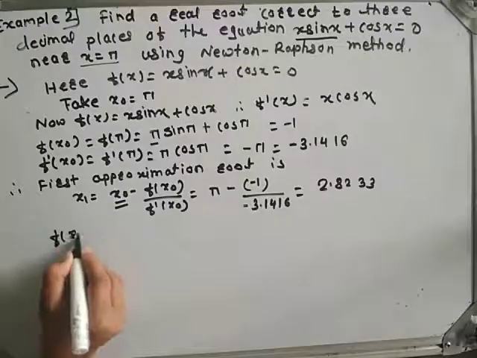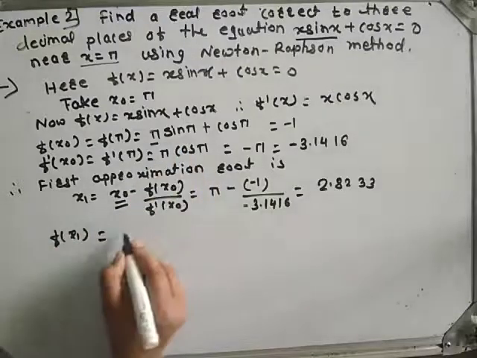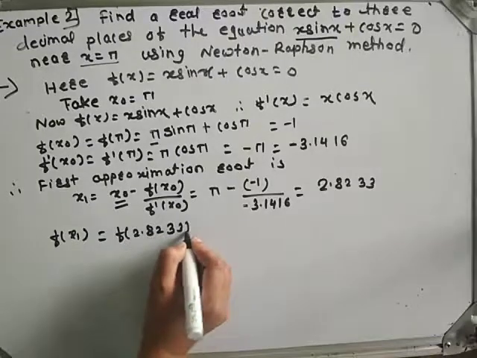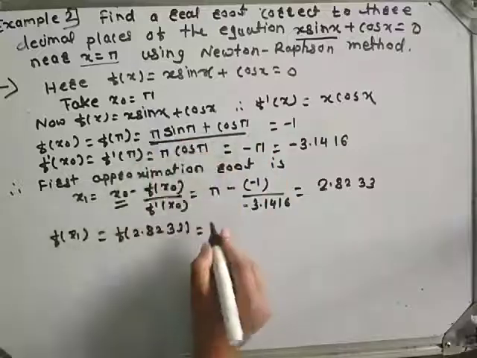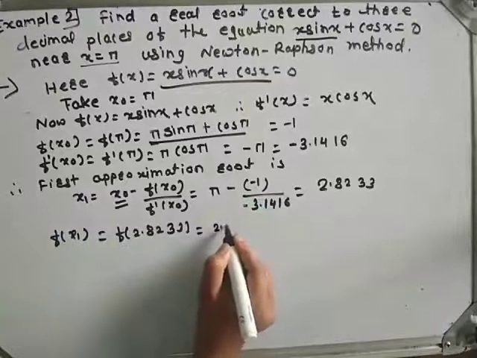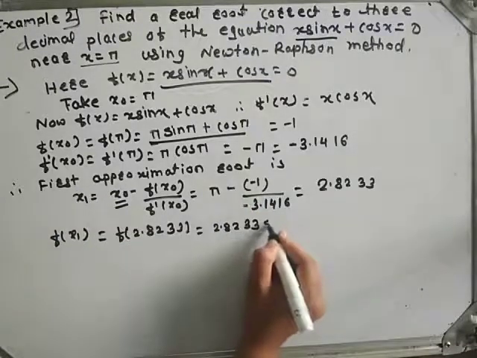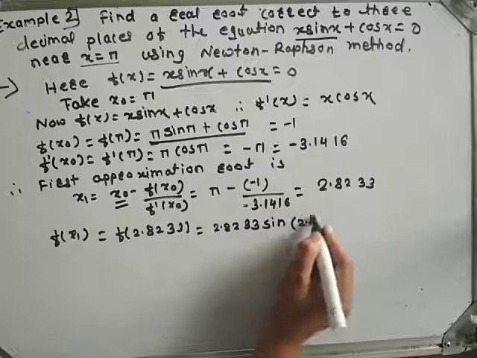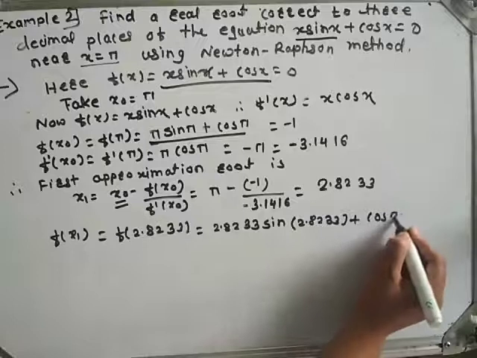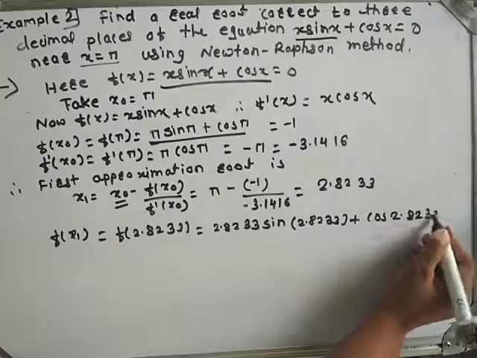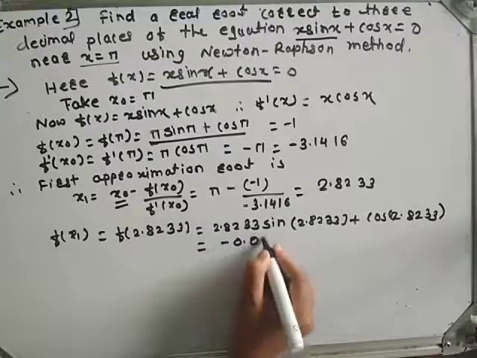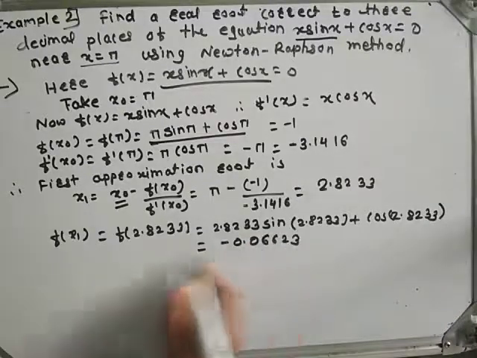Now we have to find f of x1. F of x1 means f of 2.8233, which is equals to here x is 2.8233 into sine 2.8233 plus cos of 2.8233, which is equals to minus 0.06623.